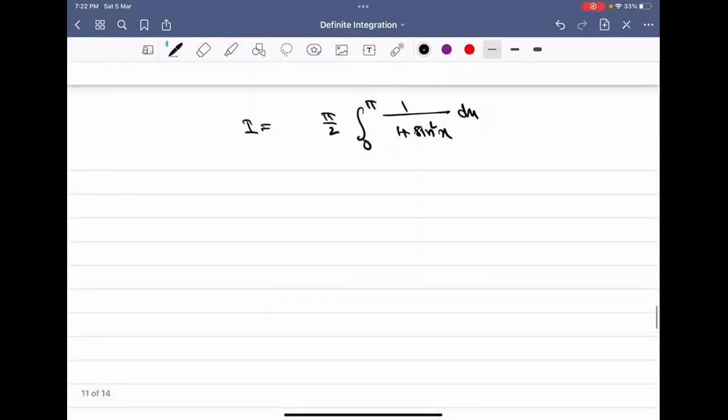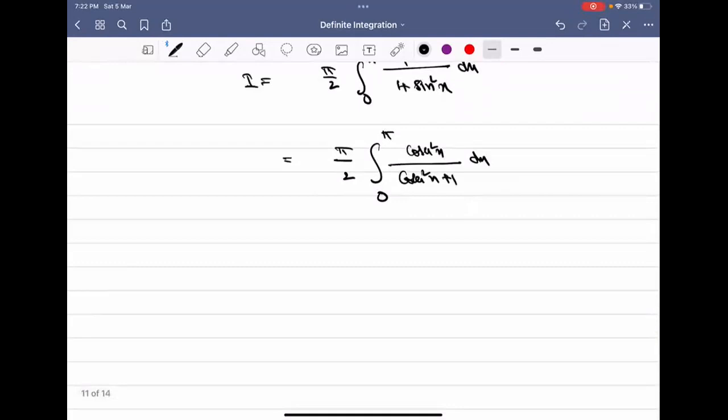To solve this integral, you write sine square x as 1 over cosecant square x, so this integral becomes cosecant square x over cosecant square x plus 1 dx.